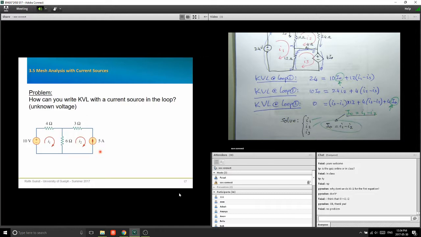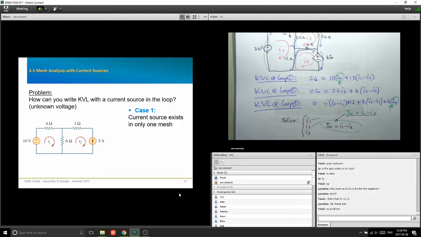We have to find a way to use mesh analysis when we have current sources in the circuit. So we're going to contemplate two cases. Case one, when the current source exists in only one mesh. Look at that. This is the example that you have here, right?